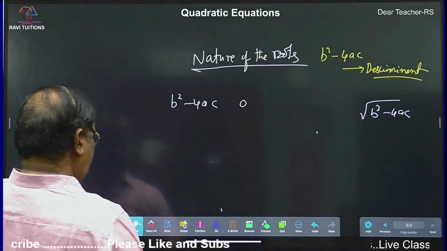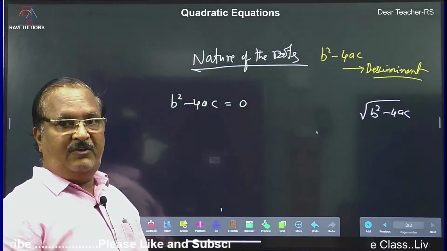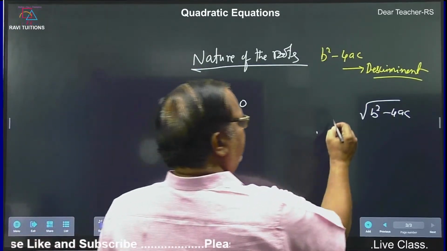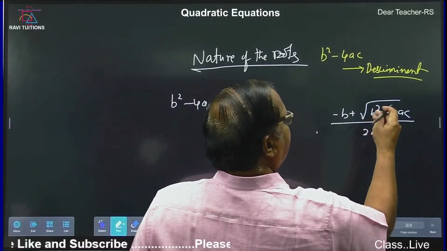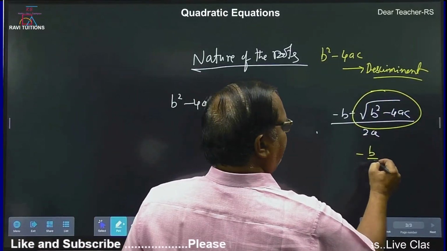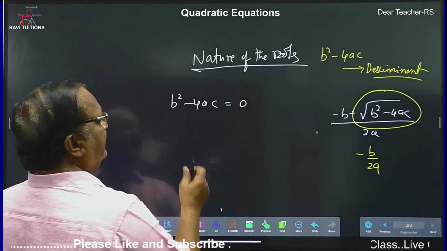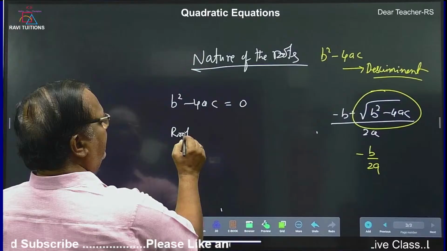Now the second one is equal to 0. If b square minus 4ac is equal to 0, then what happened? This entire term will become 0, and you will be getting only minus b by 2a. So the roots are minus b by 2a, which is real.